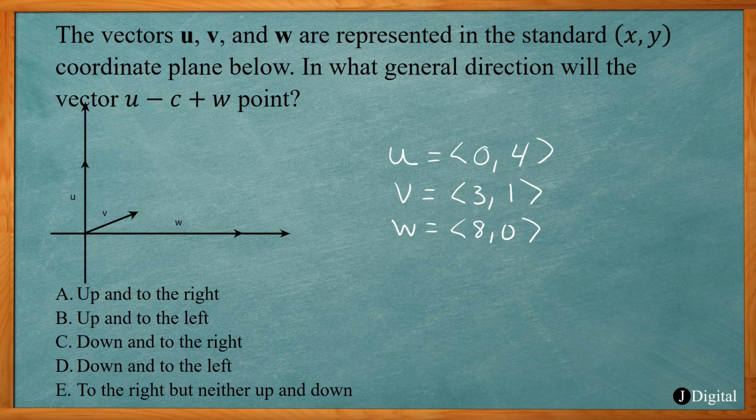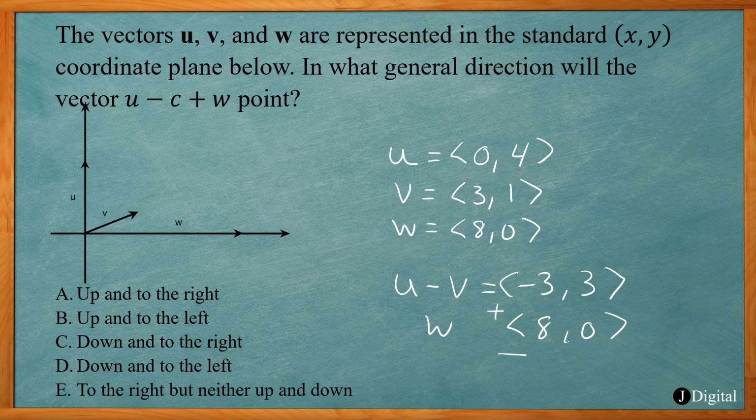And then we want to find u minus v. When you subtract vectors, you just subtract the corresponding components. So 0 minus 3 is negative 3. And then 4 minus 1 is 3. And we're going to add w, which is 8 and 0.